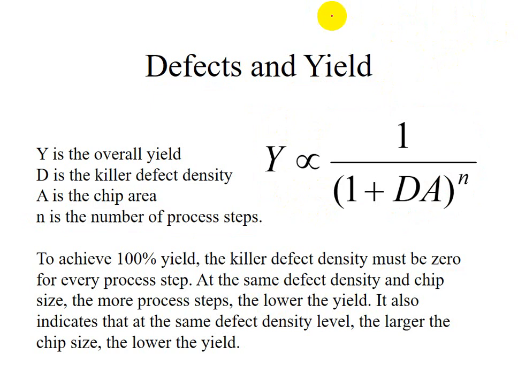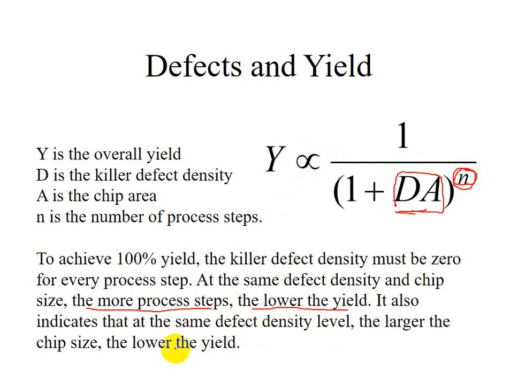If you have a fixed D density and a fixed chip size, the higher the number of process steps, the lower the yield.